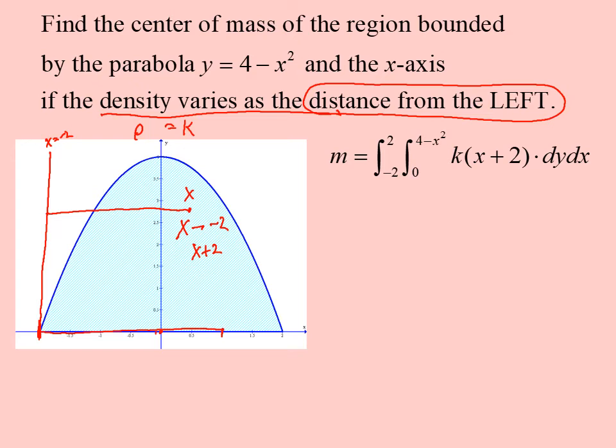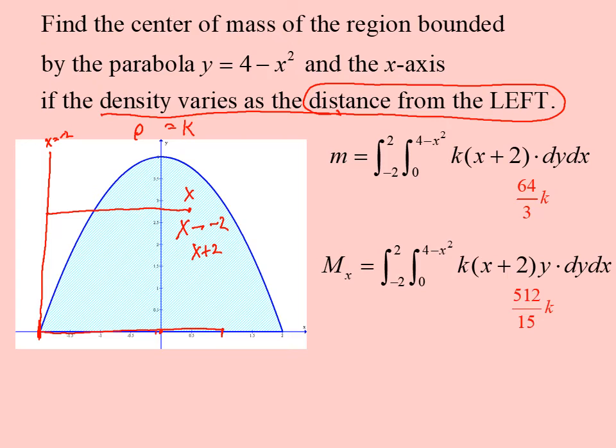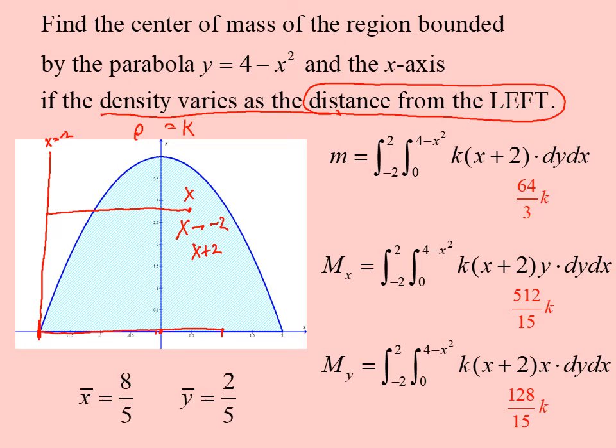We evaluate that. We take the integrand to find the moment about x. We stick a y in there, evaluate that. To find the moment about y, we stick an x in there, evaluate that. And then divide.